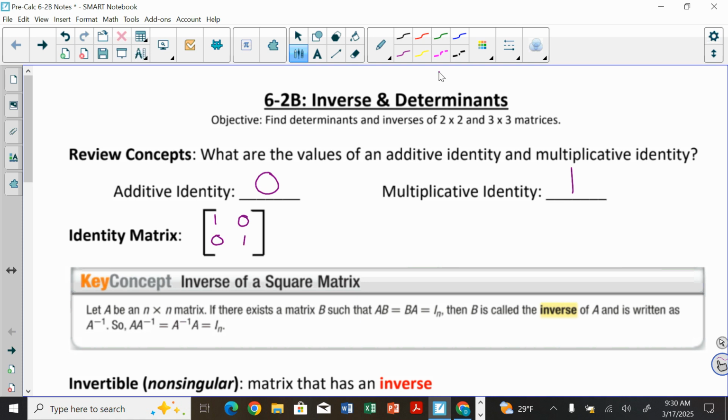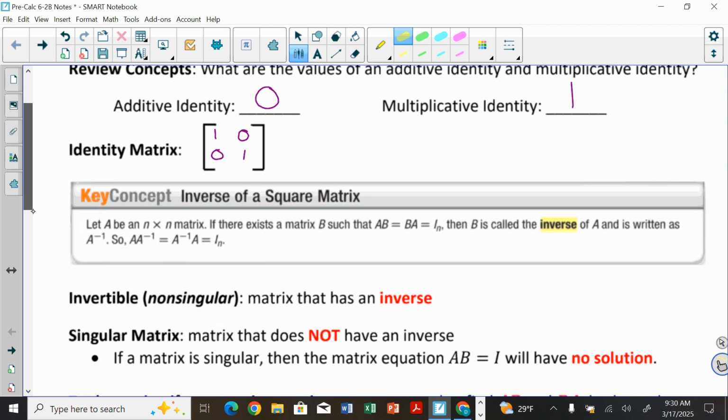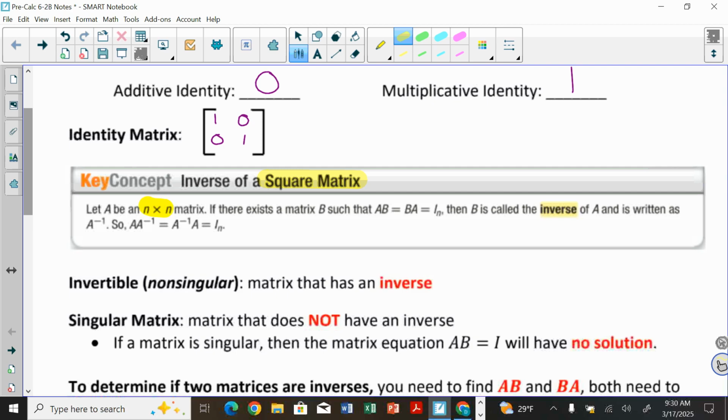So why is that important? If we're talking about inverses, then to be an inverse, the matrices, when multiplied, have to give the identity matrix. So we'll get to that here. Looking at this box down here, if we have an n by n matrix, so it's a square matrix, it has the same number of rows and columns, then there exists a matrix such that if you multiply them together, you get the identity matrix.